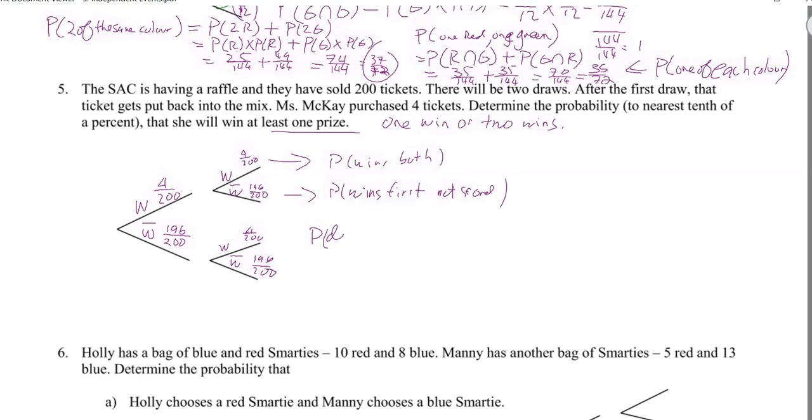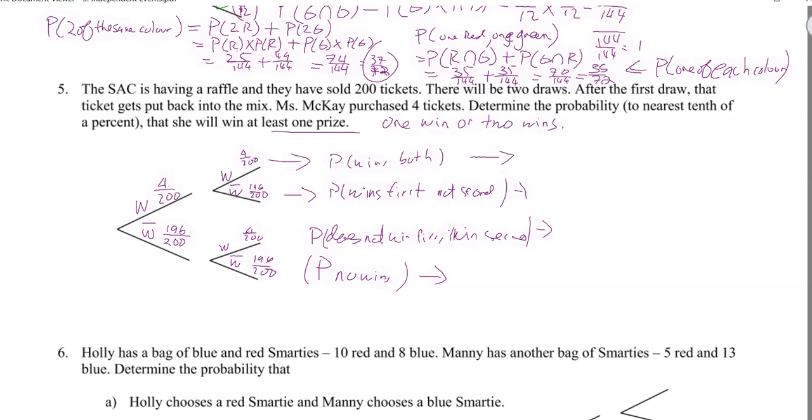Probability she does not win first, and does win second. And there's a probability of no wins, neither first nor second.